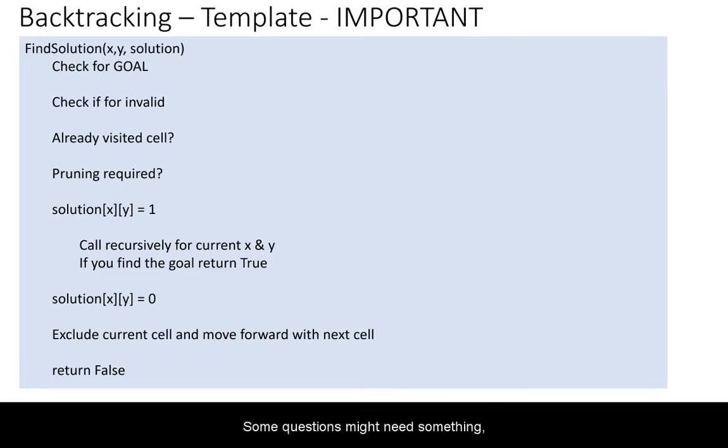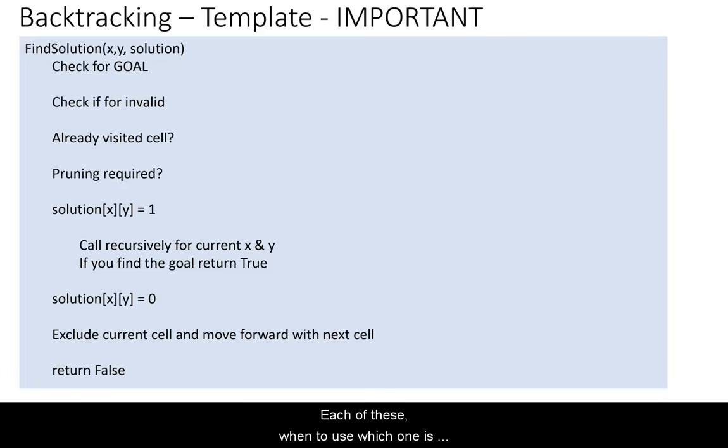Some questions might need something, some questions might not need something, and eventually, after you solve 8 problems with backtracking, you will realize when to apply which particular part. Is pruning required? Do we have to visit an already visited cell? Do I have to check for it? Do we have to check for invalid cases like that?